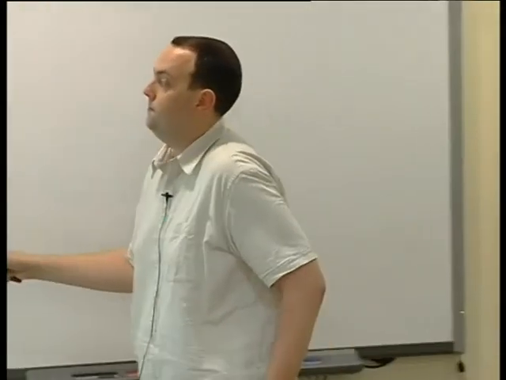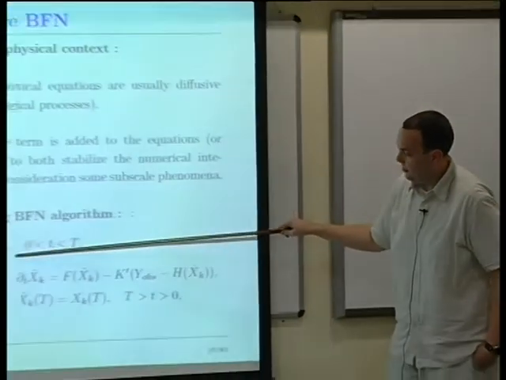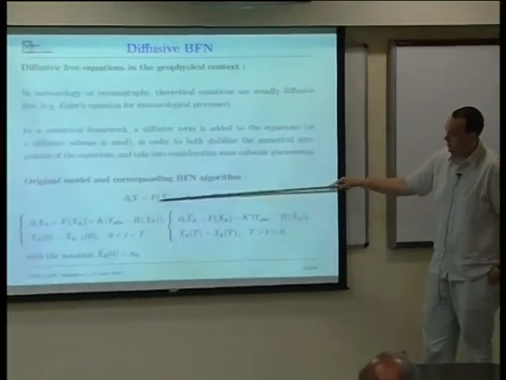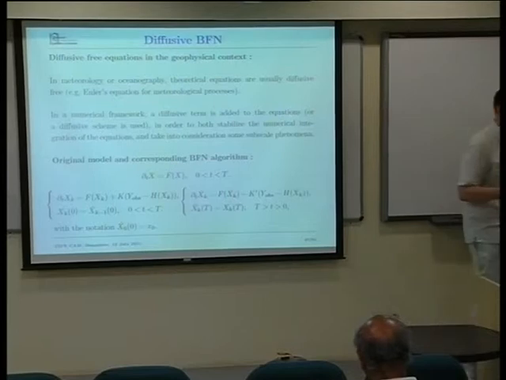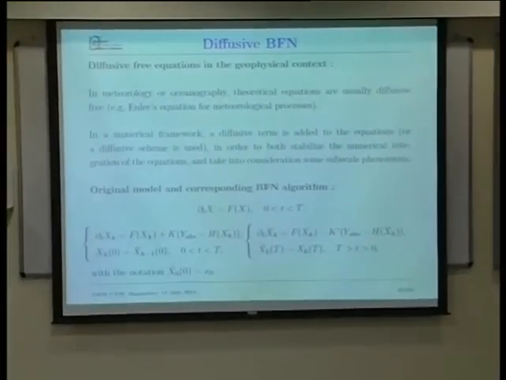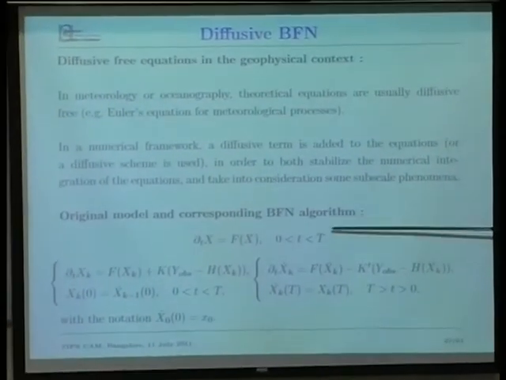So the idea is to assume that the original model, the physical model, has no diffusion. So it's a reversible model. So we can write it like this: dx over dt is equal to f of x, where f is diffusive free. So the standard back and forth nudging algorithm is there.